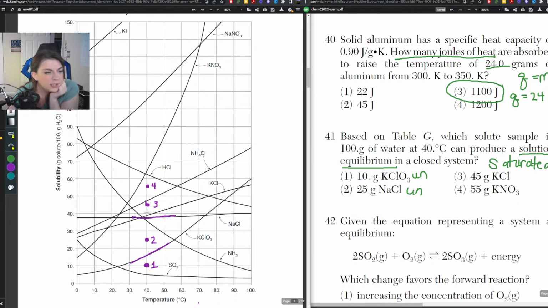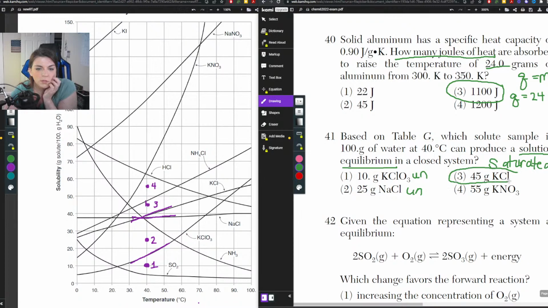KCl is right here, and choice 3, that was the ugliest line ever, is above that. So that's the answer. But I still want to check on the other one just to be sure, because Table G, man, confusing. And then finally, 55 grams of KNO3.